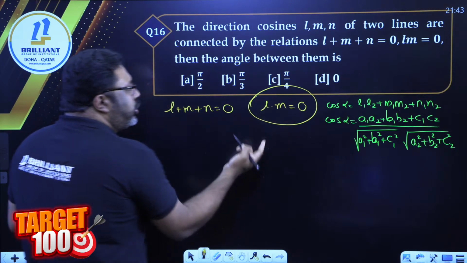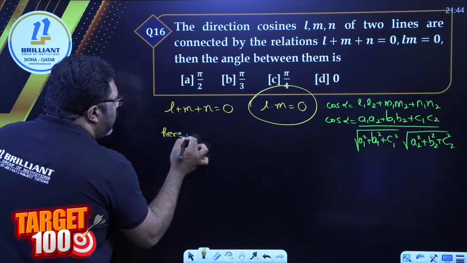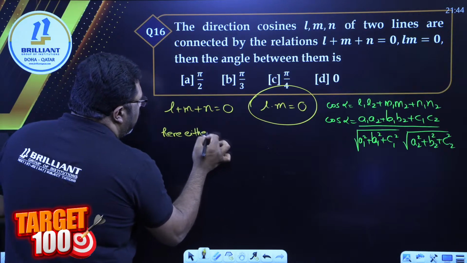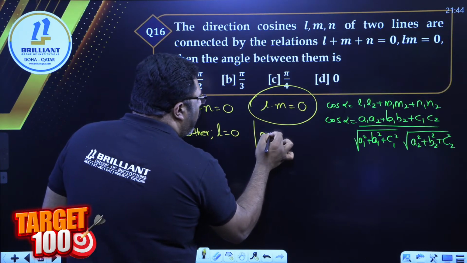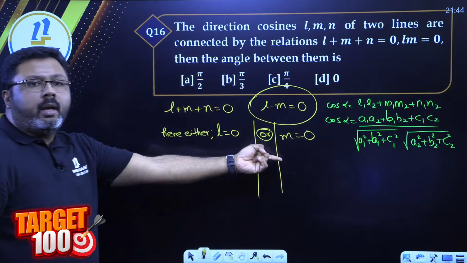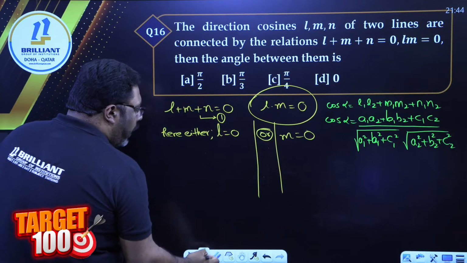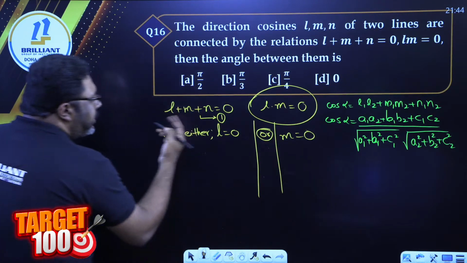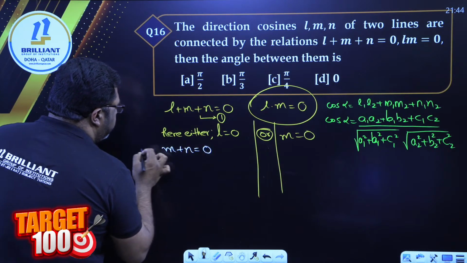Look at the second relationship. L into M is equal to 0. So can I say here either L equal to 0 or M equal to 0? If L is equal to 0, what happens to equation number 1? M plus N equal to 0.